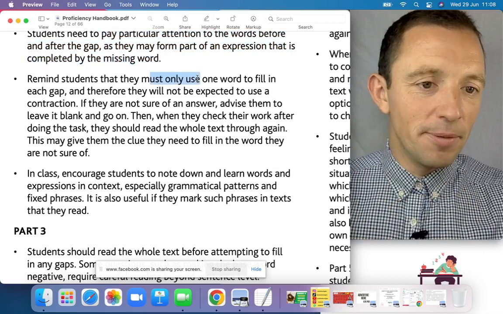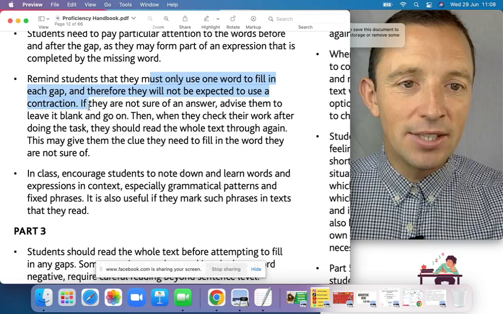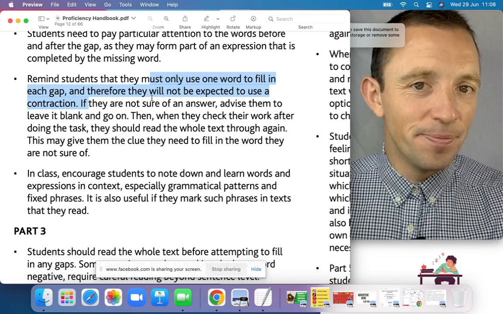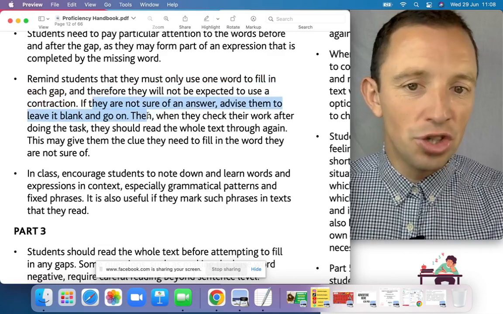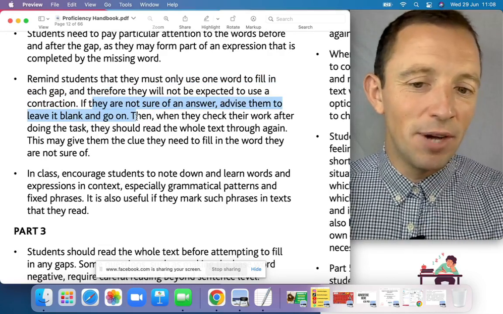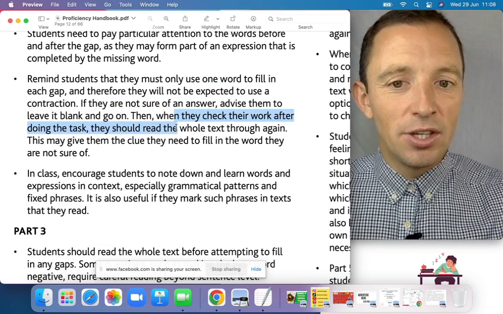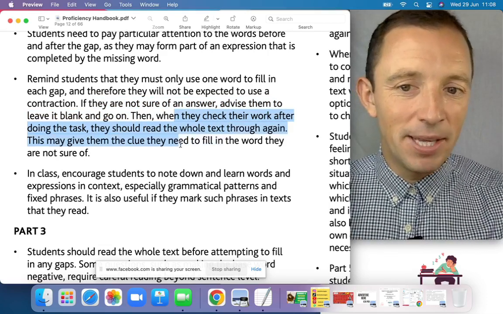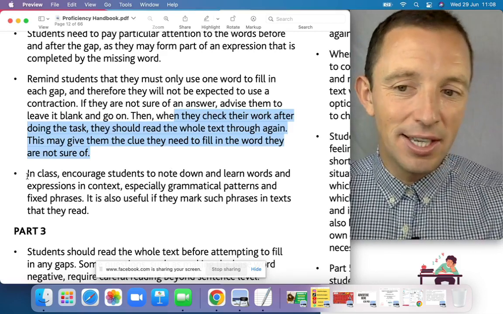Only one word. So there's only one word in each gap, nothing more, and there's no contraction. Okay. And if you're not sure, leave it blank and continue and maybe return at the end. When you check your work at the end, you should read the whole text again. This may give you the clue that you need to fill the gap you're not sure of. So that's just another piece of advice.